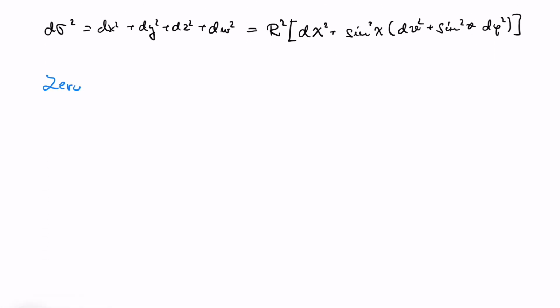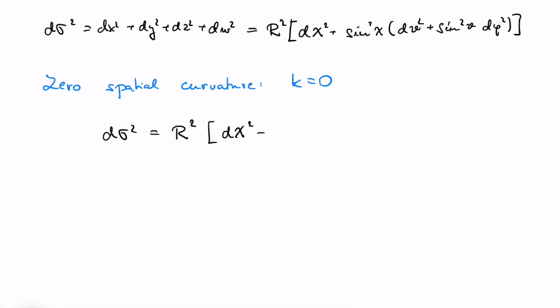If we look at the case with k equal to 0, then the three-space element is simple, but to keep our coordinates consistent, we replace r with chi. So the line element is this. And this is simply what we get with spherical coordinates in ordinary three-dimensional Euclidean space.